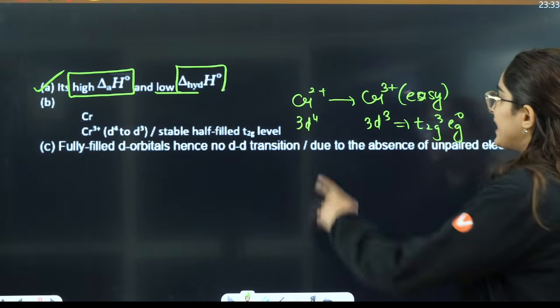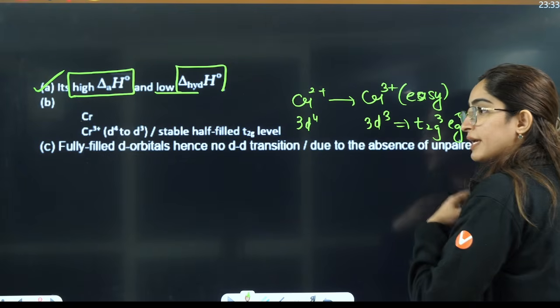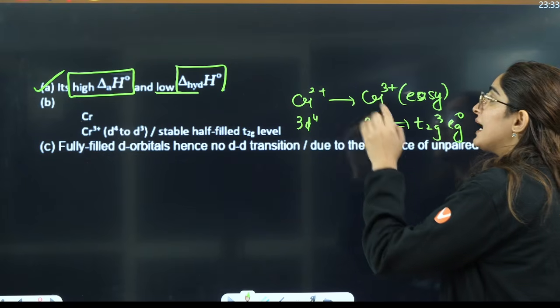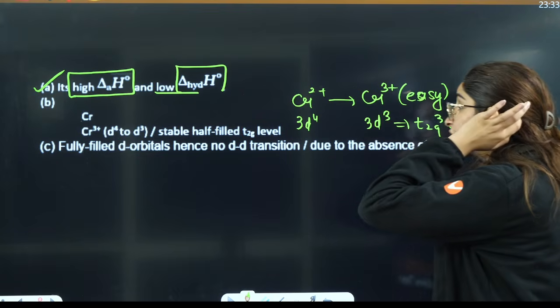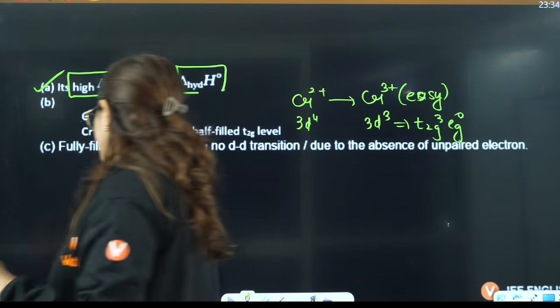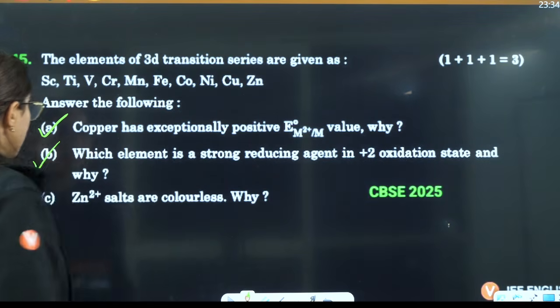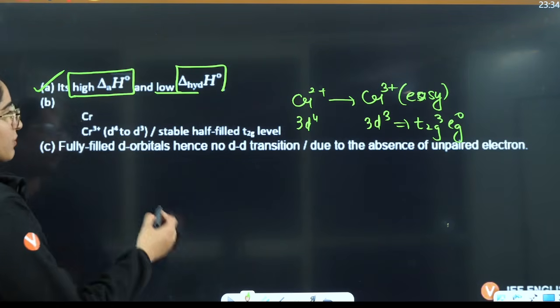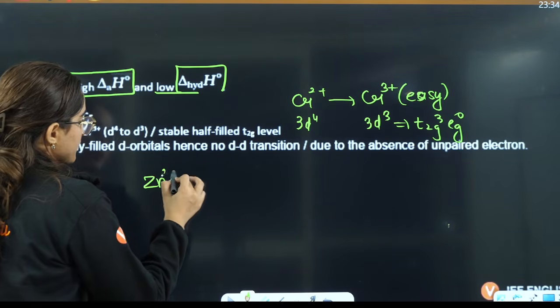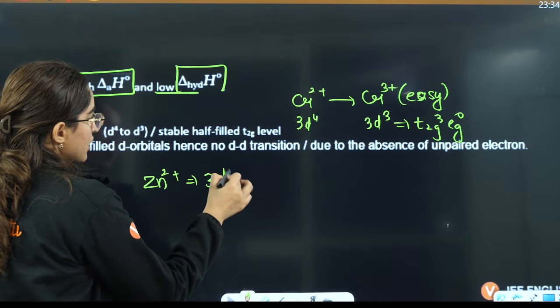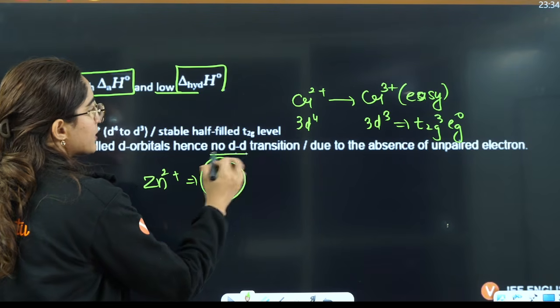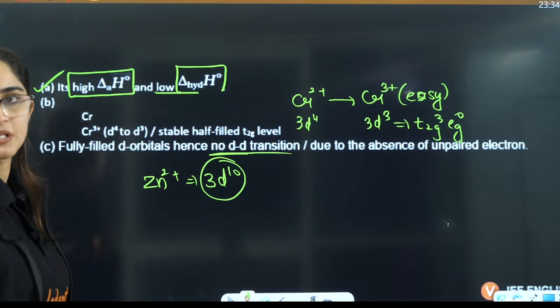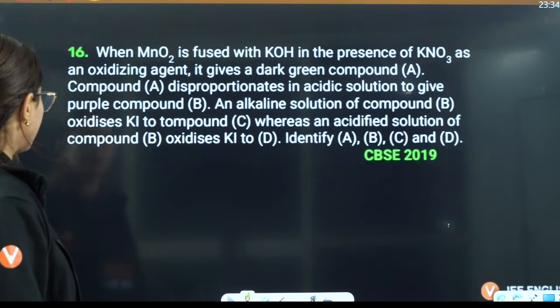So that is why it can easily increase its oxidation number. It can easily get oxidized, so it is a very good reducing agent, right? Zn2+ salts are colorless. Why? Because Zn2+ is 3d10. Because of fully filled d orbitals, it has no d-d transition. That is the reason it is colorless.